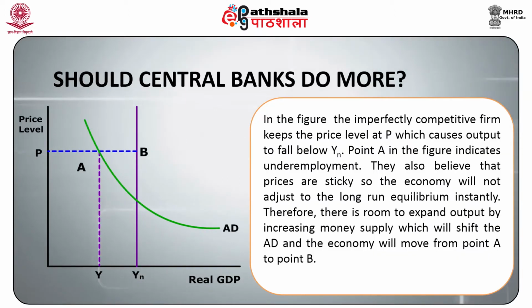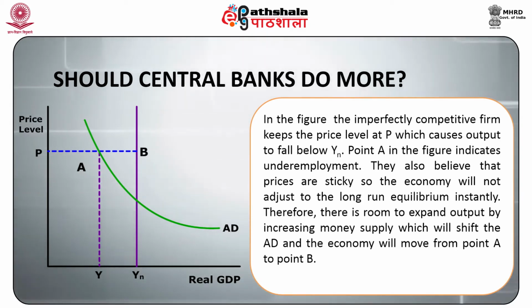The new Keynesians favor an activist policy as they believe that the economy tends towards underemployment when imperfectly competitive firms restrict the output by keeping the prices high. In figure 3, the imperfectly competitive firm keeps the price level at P, which causes the output to fall below Yn.